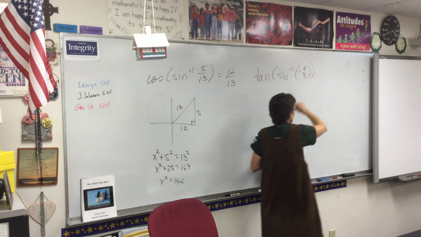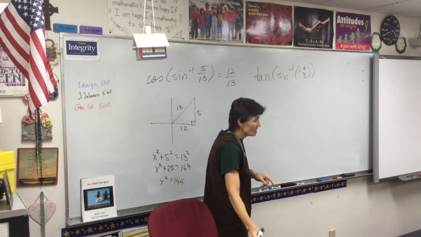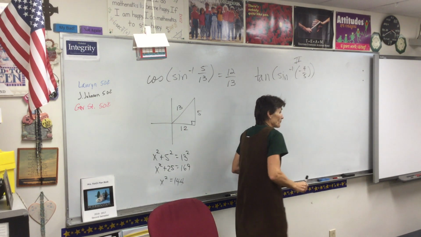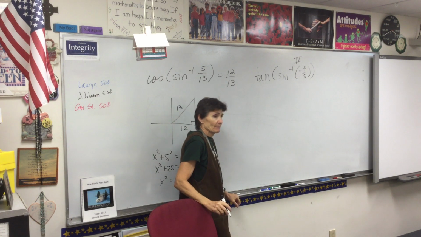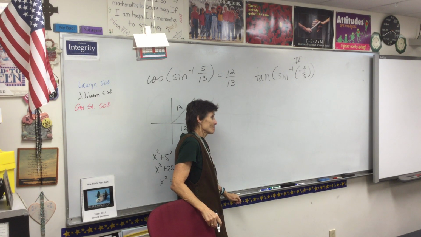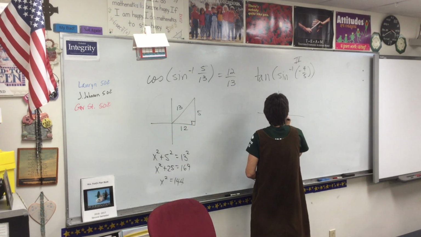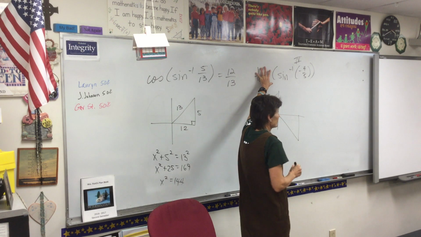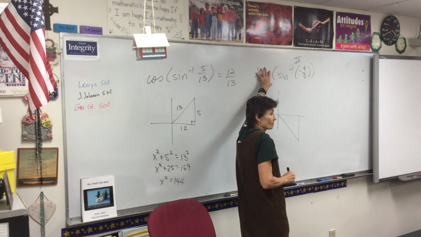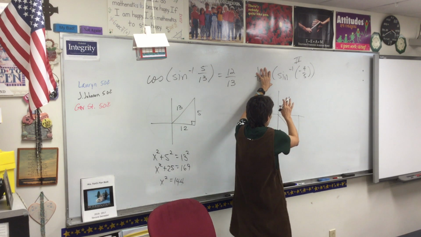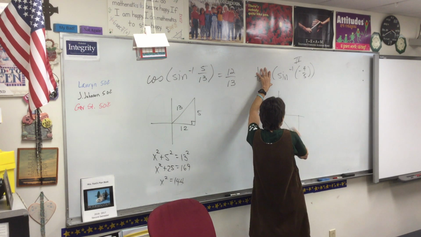Now, this one has a negative in it. So I need to tell you which quadrant. You're going to draw this in quadrant 4. Alright, so here's my triangle in quadrant 4. And I'm ignoring this, I don't need this yet. I need my sine, I'm in quadrant 4.